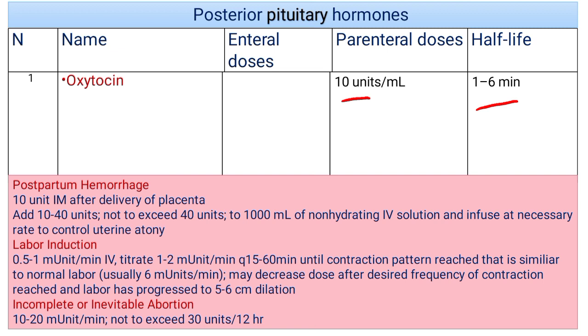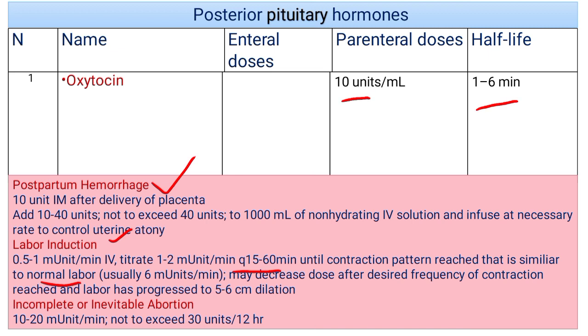The posterior pituitary hormone oxytocin has a role in postpartum hemorrhage, labor induction, and incomplete or inevitable abortion. In labor induction, you can see 0.5 to 1 milliunit per minute intravenous, then 1 to 2 milliunits per minute every 15 to 60 minutes until the contraction pattern reached is similar to normal labor.